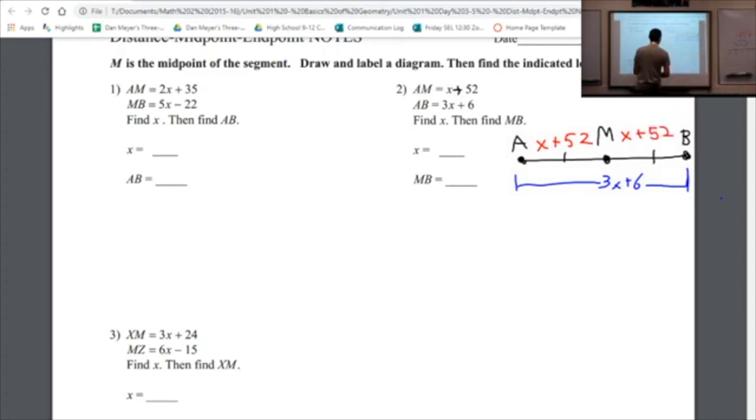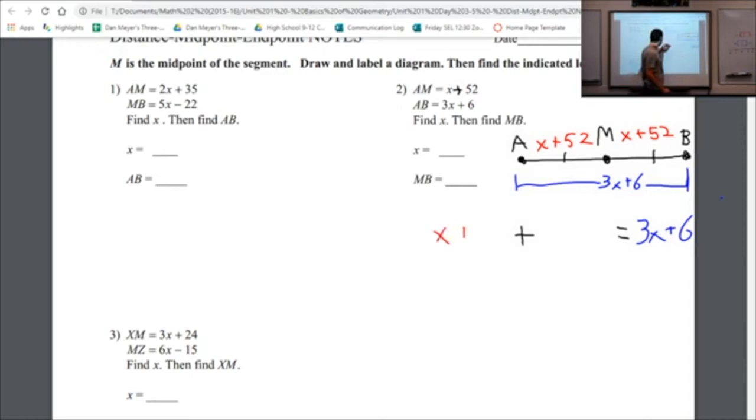And now I can set up an equation just like I had set up at the beginning of this week, where I've got my pieces that match, and I've got the whole thing. So I add up the pieces to make the whole. We're going to add the pieces and have it equal the whole. The whole thing is 3x plus 6. And then my pieces are both x plus 52.